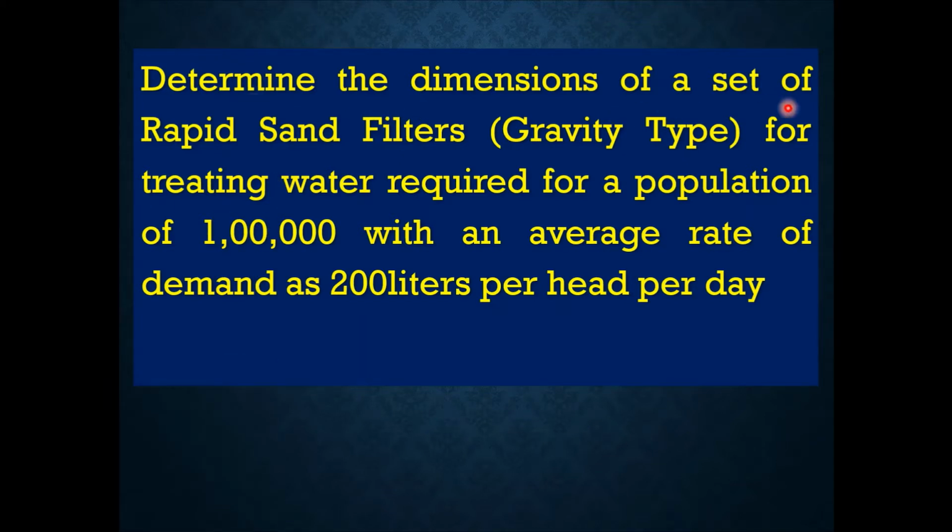Determine the dimensions of a set of rapid sand filters, gravity type, for treating water required for a population of 1 lakh with an average rate of demand as 200 liters per head per day. I will read the problem again. Determine the dimensions of a set of rapid sand filters, gravity type, for treating water required for a population of 1 lakh with an average rate of demand as 200 liters per head per day.